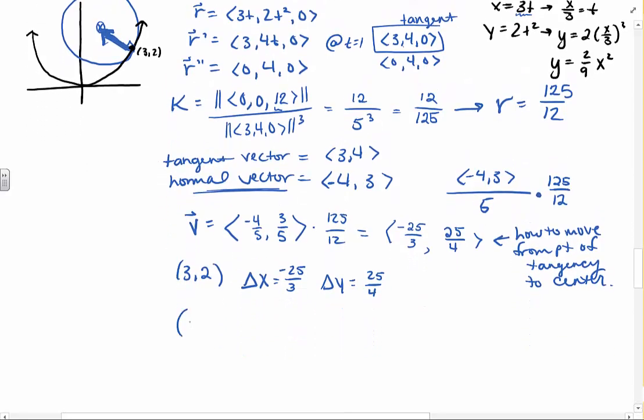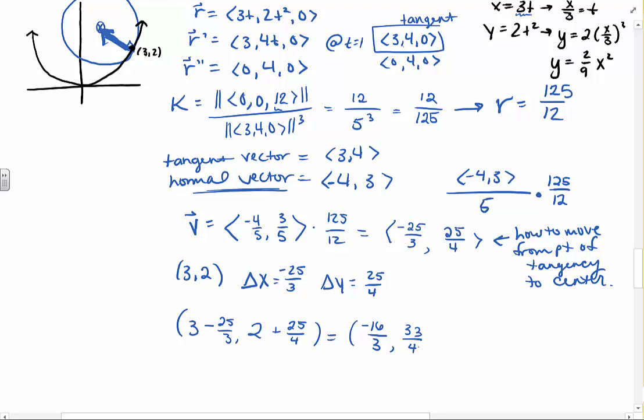So I'm going to have 3 take away 25 thirds, 2 plus 25 fourths. Now 3 is going to be 9 thirds minus 25 thirds is going to be negative 16 thirds. And then 2 plus 25 fourths is 8 fourths plus 25 fourths is 33 fourths.